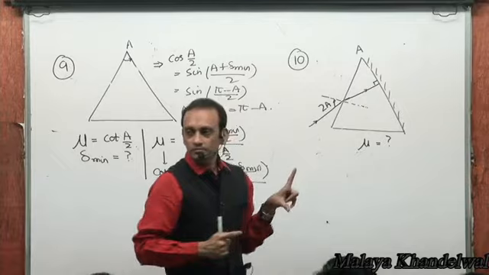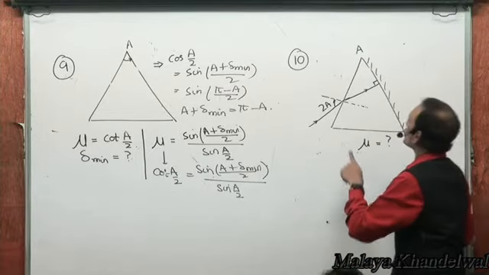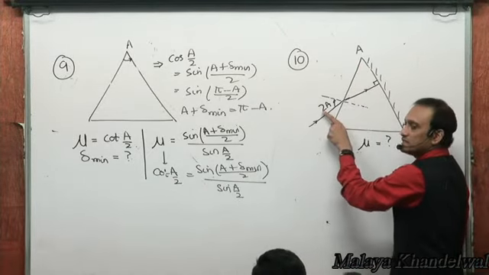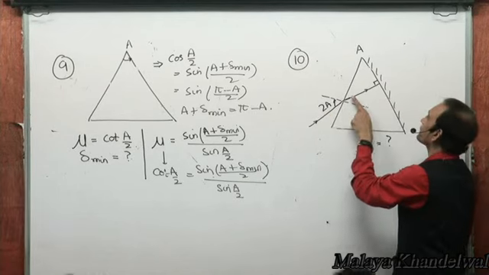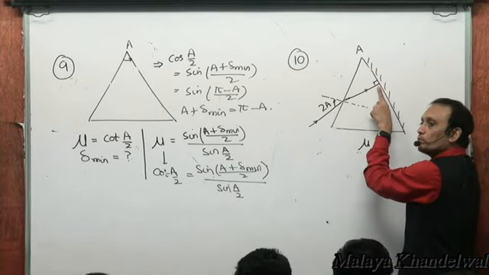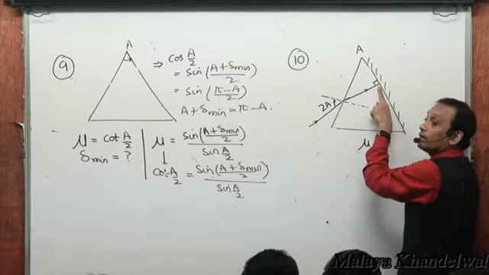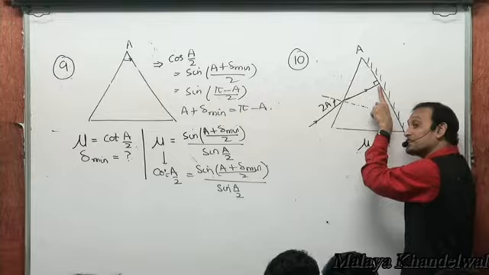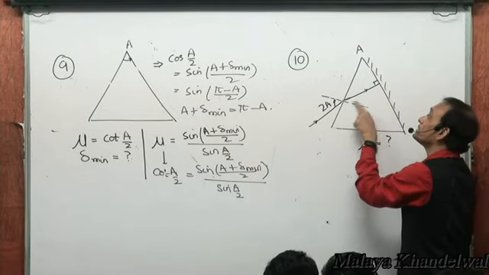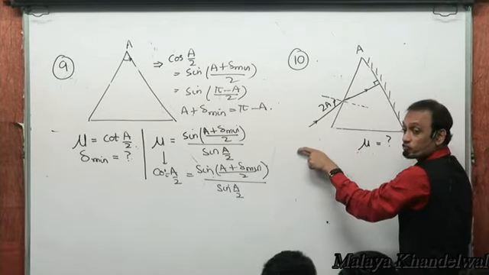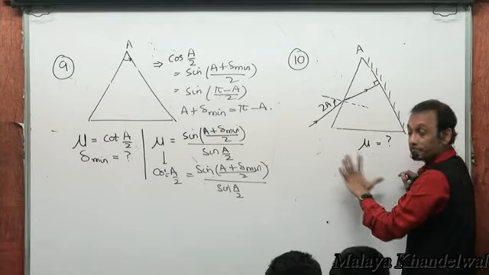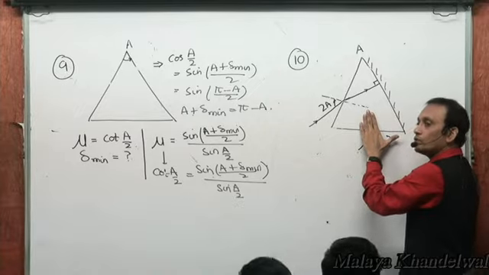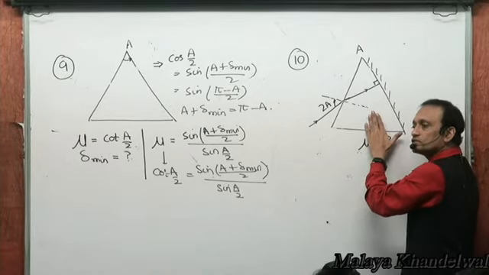The next problem is about a prism of angle A. There is a ray of light incident at an angle 2A, hits the mirrored face and retraces its path. That means it must hit the mirrored face normal to the mirrored face, so that it could reverse its trajectory. We want to find the mu of the material of which the prism is made.